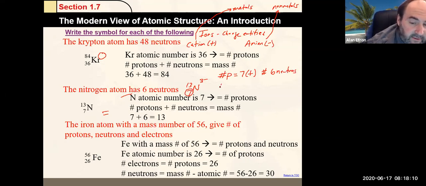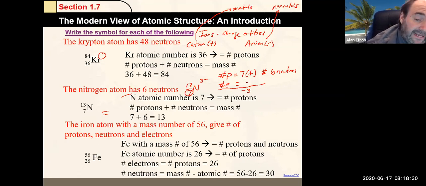So as you can see, really the only particle that is left is the electrons. So the electrons are really what changes when something gets a charge. So the overall charge here is -3. We already have 7 positives from our protons.